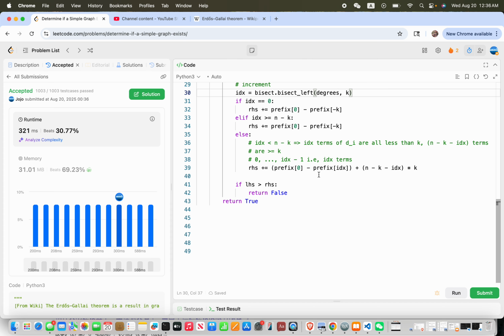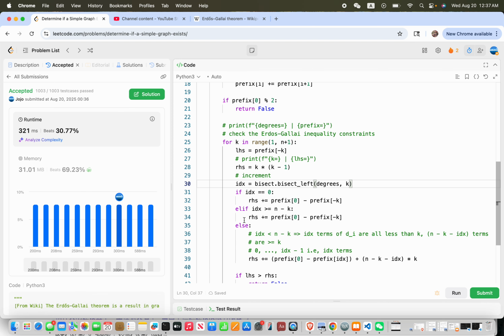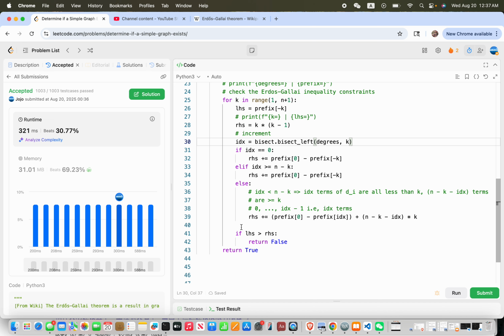For each of the problems, you can actually print out the left-hand side and the right-hand side. So here, say print left-hand side and right-hand side, and let's also print out key.